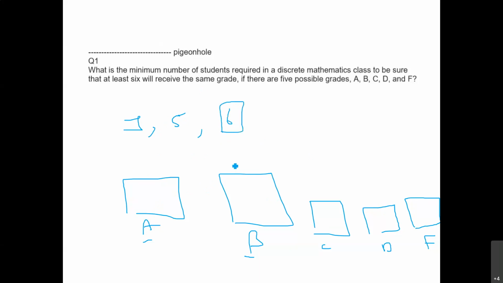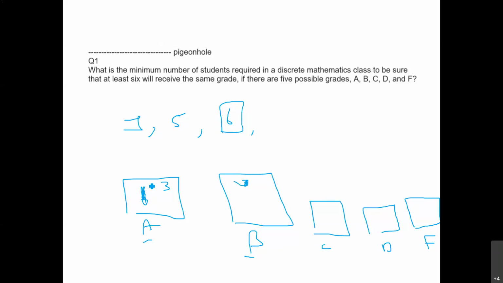It's possible that in my class of only those 6 students, they all get an A. That's possible, but that doesn't solve my question, because I need the number of students such that no matter what, at least 6 are going to get the same grade. In this scenario, these 6 could be split 3 here, 3 here, or other scenarios. So even though there's an example that worked, I can think of a counterexample that ruins it. So 6 doesn't work. I want a number that, no matter how you distribute it, is going to work.